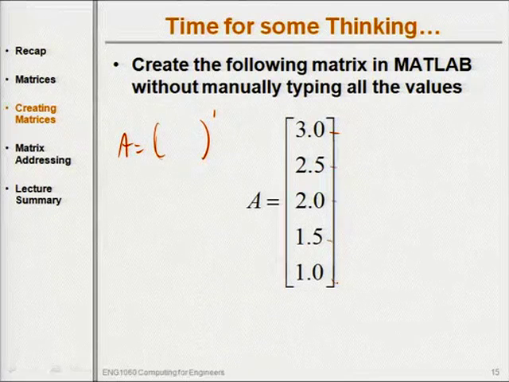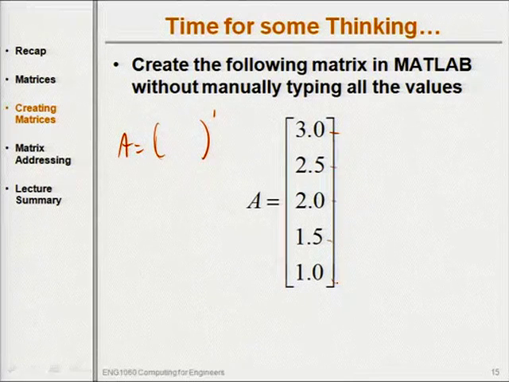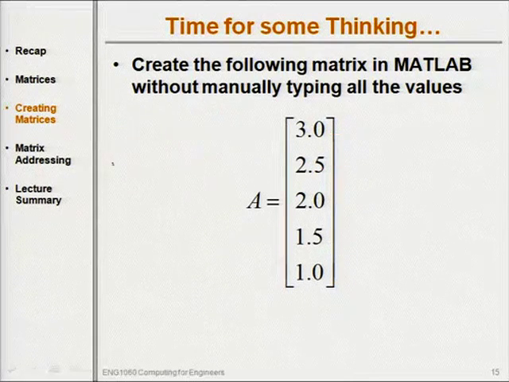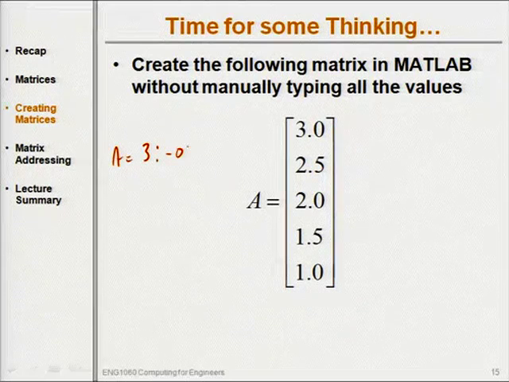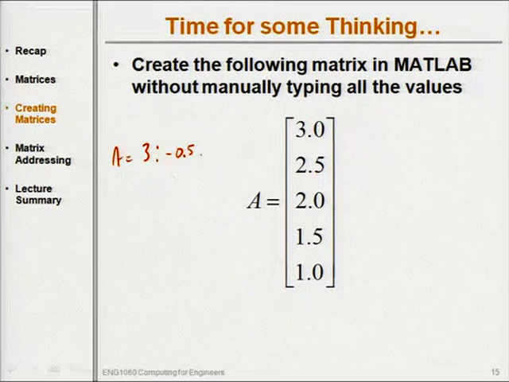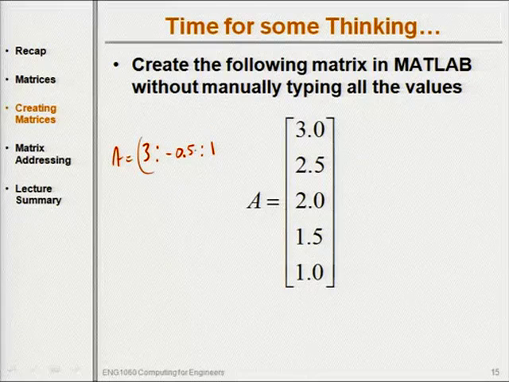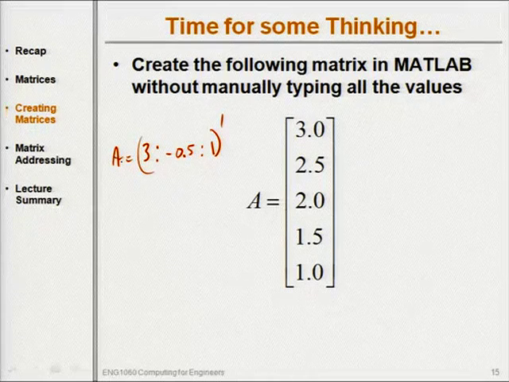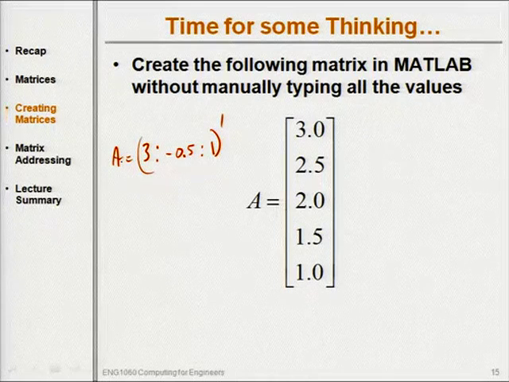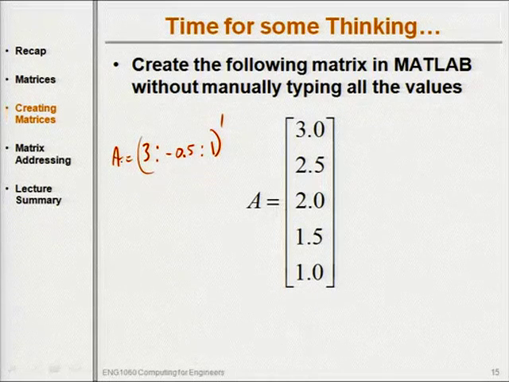So it's going down by an increment of 0.5. Therefore, it's starting at 3, going down by 0.5, so negative 0.5, until the last value is 1, and all of this transpose. So that should give you this. I'll let you guys try this one out.